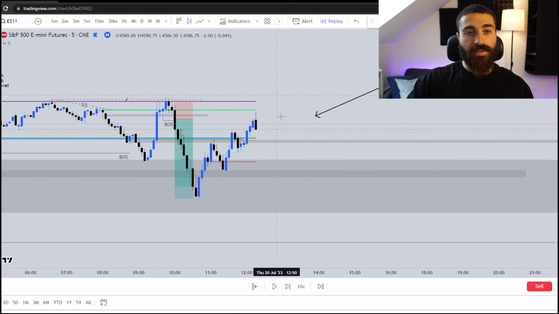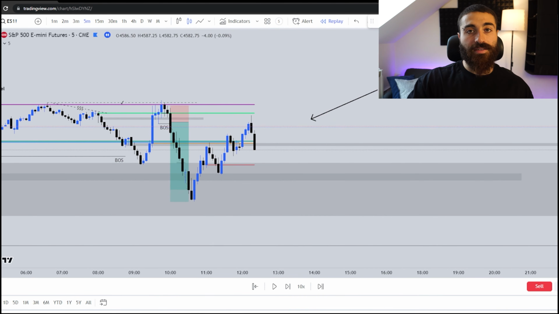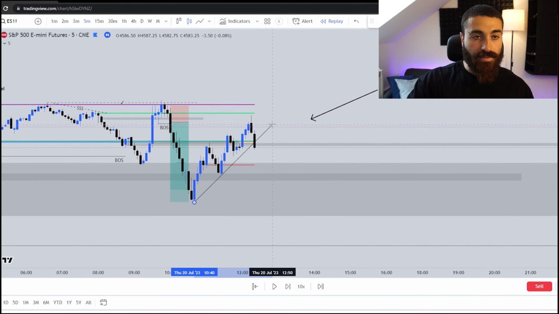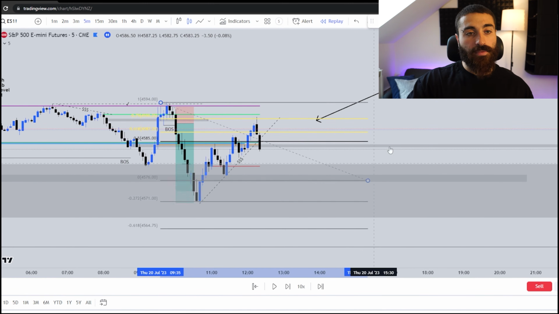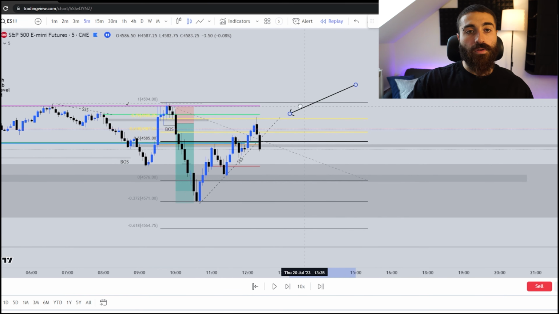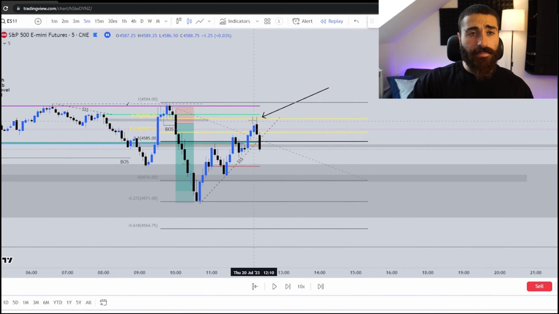And while it is retracing, you should see that the price is making engineered liquidity, okay, to retrace back where? Look at this. If I put my fib again, another OTE right here with a very high probability, because we can see that it came back directly to our order block.